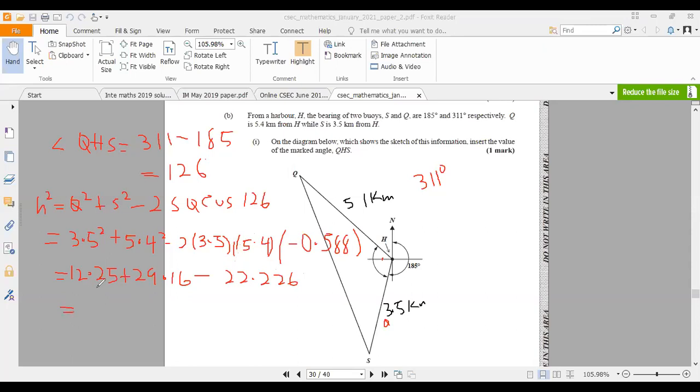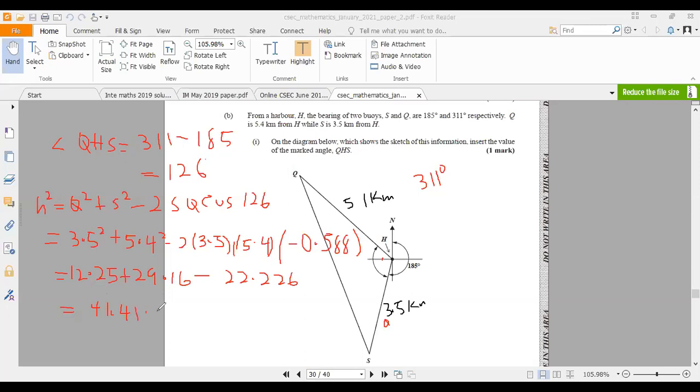So let's add up 12.25 plus 29.16 first. That's 41.41.